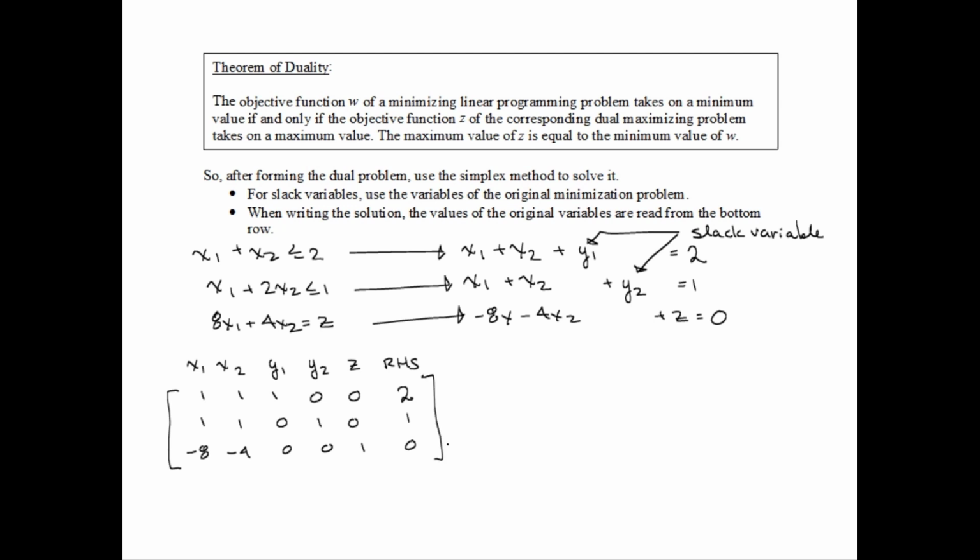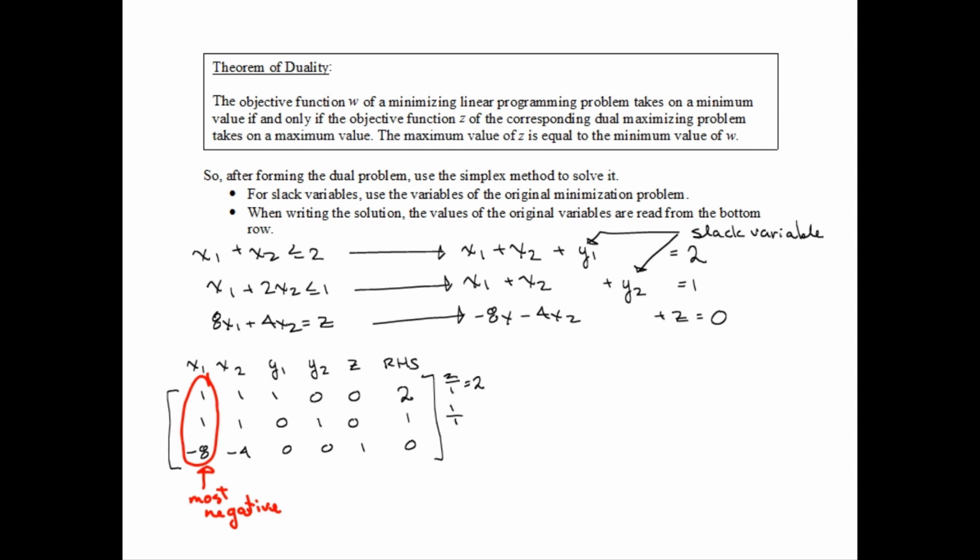Okay, this is my initial simplex tableau. Remember what we do here. We look for the most negative on the bottom row, and we choose that for our pivot column. And then we go off to the side and we calculate quotients. Here we have 2 over 1, which is 2.